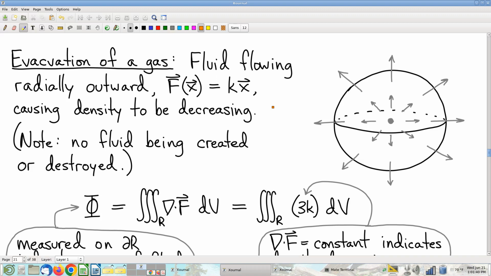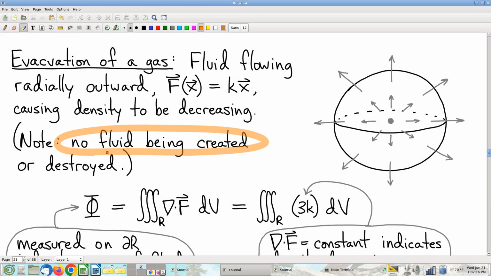So imagine a balloon with a certain amount of gas on the inside, and the temperature starts to increase, and the balloon starts to expand. Now, very importantly, there's no gas being created as the gas flows outward. If the balloon is getting bigger and bigger, all those little pieces of gas are moving outward, but we're not creating any gas. Same amount of gas.